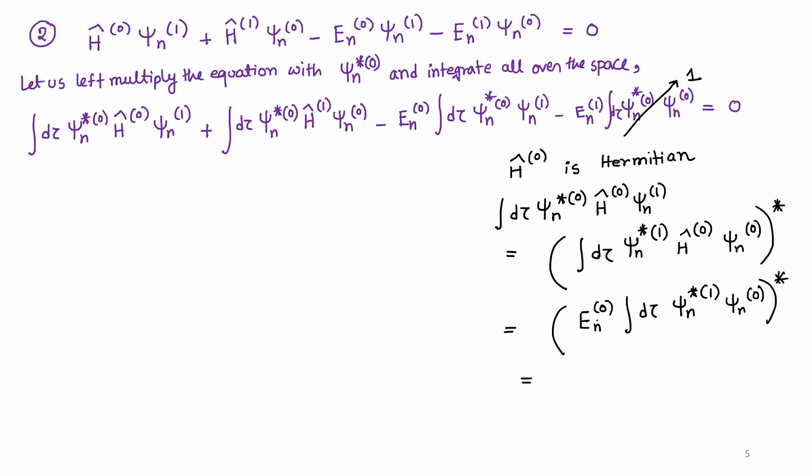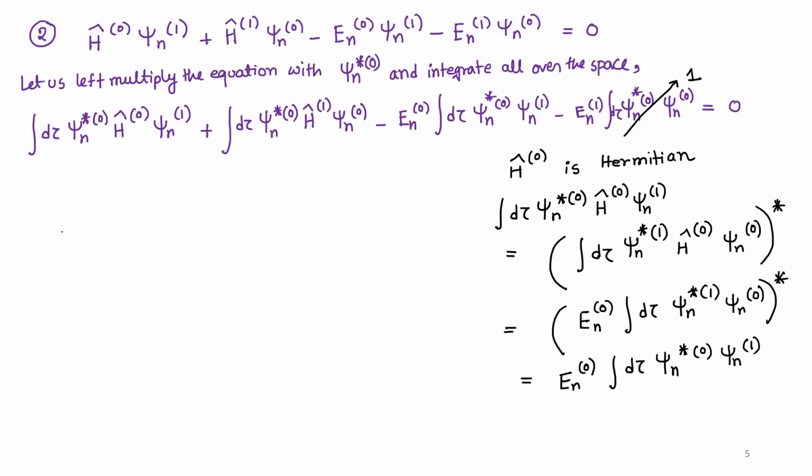Now as these are Hermitian and this is an eigenvalue, you already know this is going to be real, so the complex conjugate of a real thing is the same as that, and this part integral is going to be d tau. Now the complex conjugate of psi n star first order is going to be, I will write this first, psi n star 0, then the complex conjugate of this.